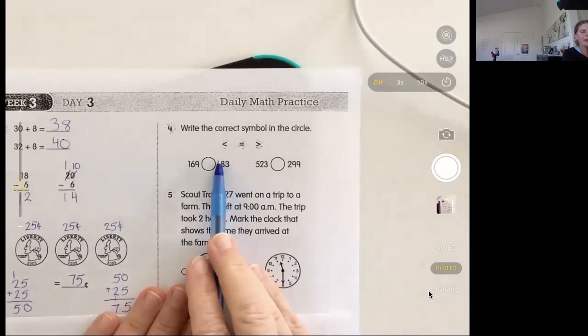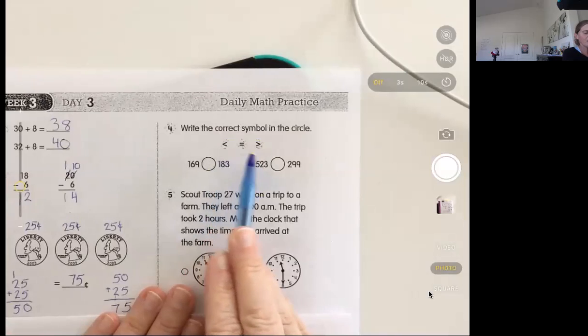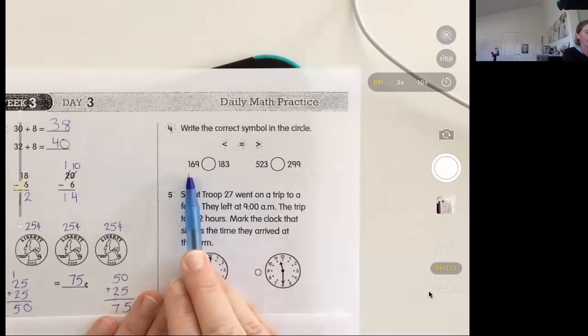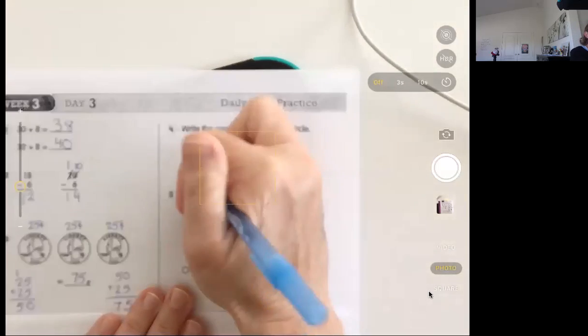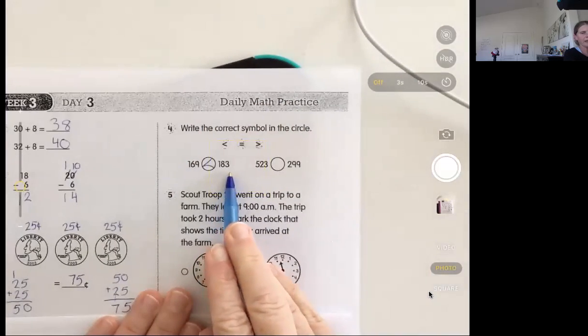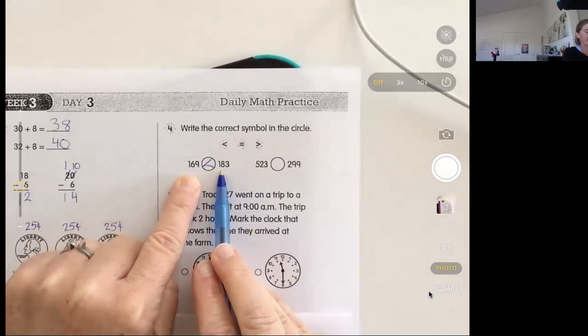Let's go ahead and move over to number 4. We're comparing numbers. So comparing, we'll use less than, greater than, or equal to. 169 is less than 183. When I look in the hundreds place, they both have a 1. But when I move to the tens place, this one has a higher number.